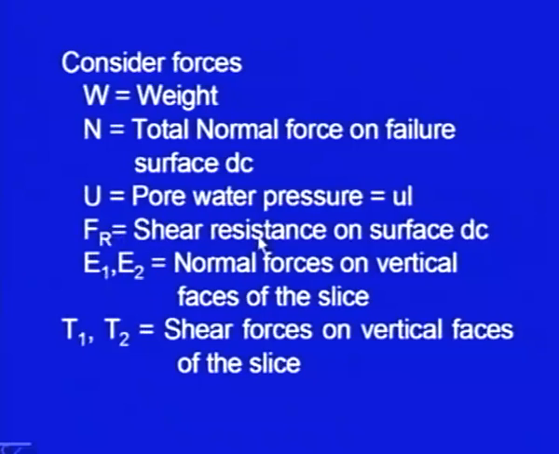Fr is the shear resistance on surface DC, this is the force which is being offered by the soil, and E1, E2 are the normal forces on vertical faces of the slice, that is these are the side forces on the sides of the slice, and T1, T2 these are shear forces on vertical faces.